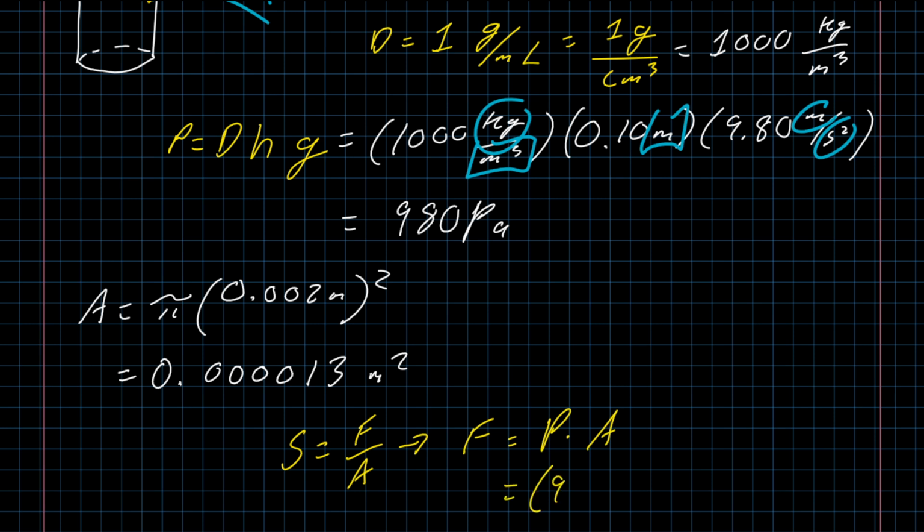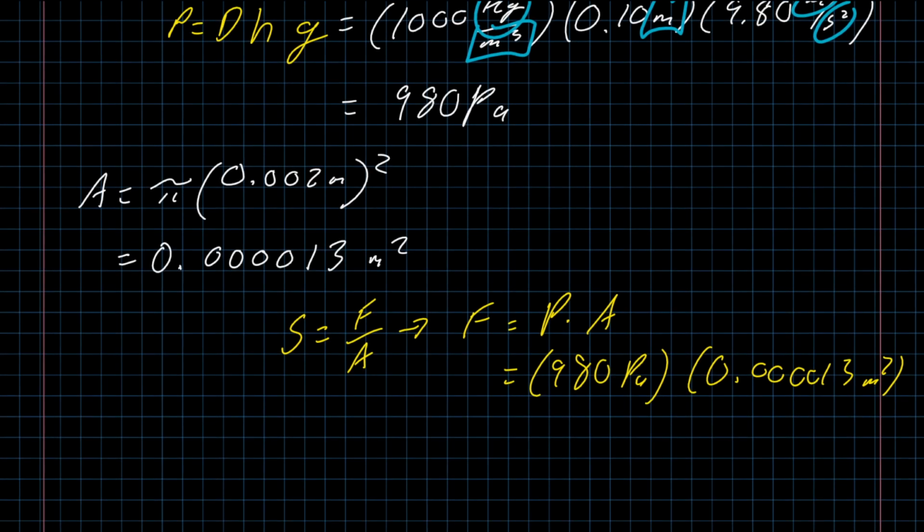If I take that 980 pascals and I multiply it by the 0.000013 square meters, I get that the water that is escaping from that top hole is being pushed out with a force of 0.012, and pascals is newtons per square meter. Multiply that by square meters, we have newtons.